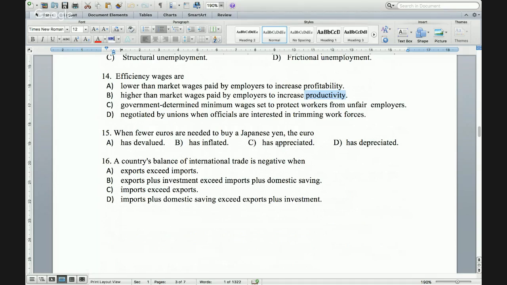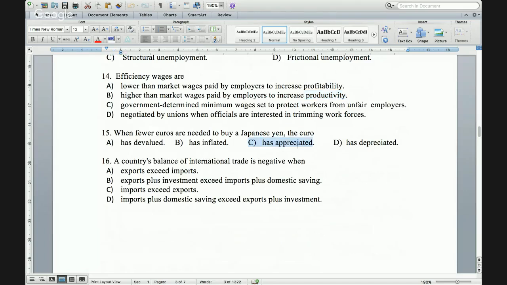So the terms we use are appreciation or depreciation. An alternative word for appreciation is strengthened, and depreciated would be weakened. So if you have fewer euros to hand over to buy yen, it means that your euro has strengthened. And that is associated with answer C.